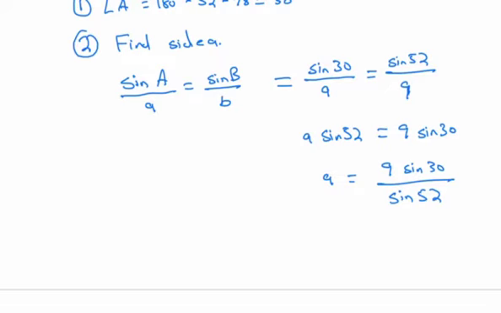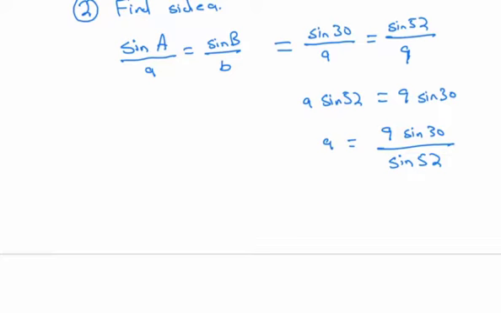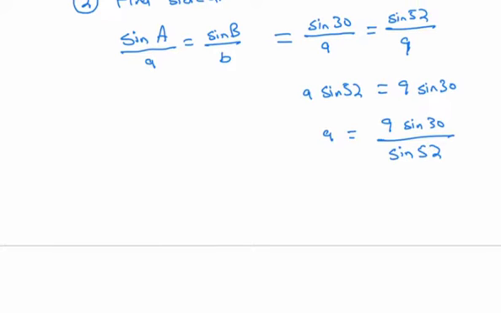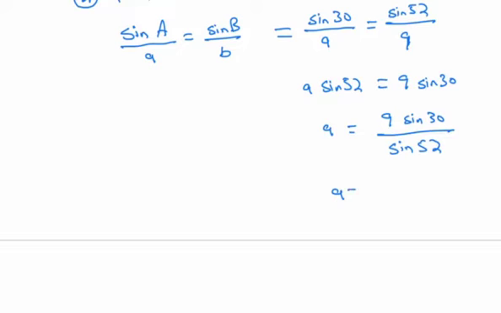Now this here can be fully done in a calculator. So you may want to pause and see if you can get this in your calculator. And of course, I'm going to go ahead and fill it in. Now we're rounding to one decimal place, so A is 5.7.